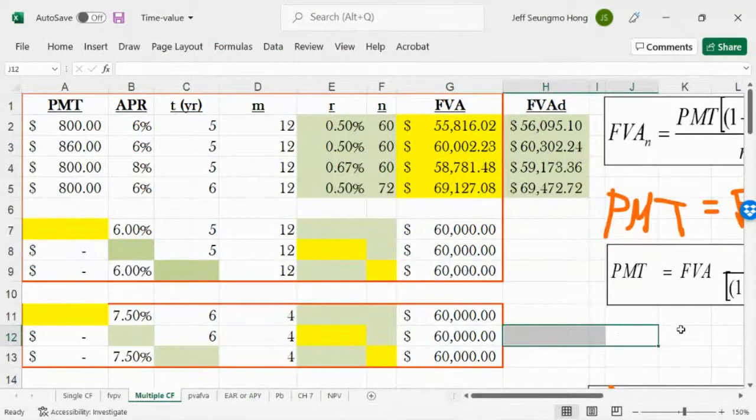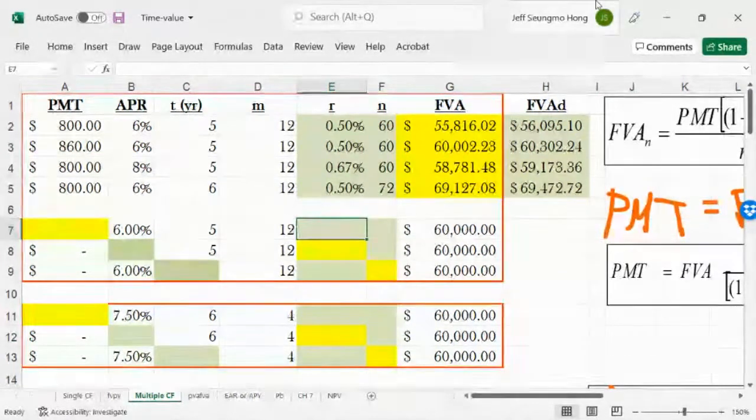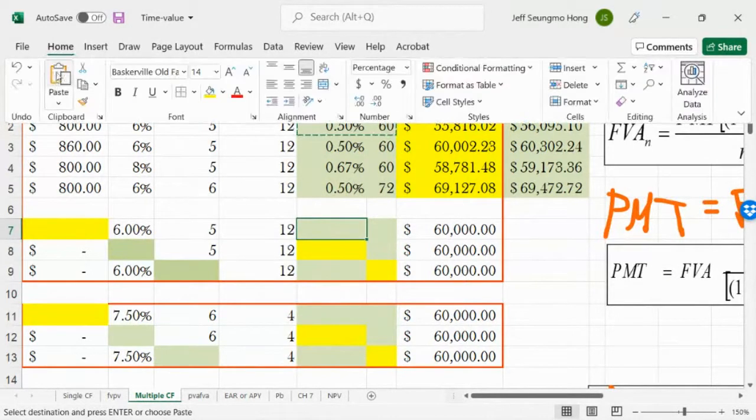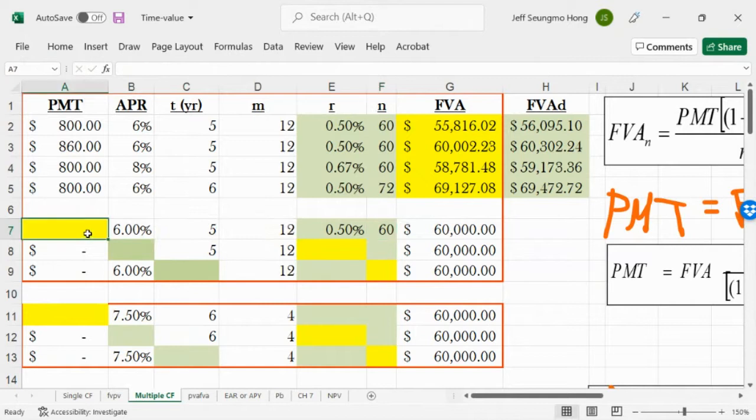So the formula, I put it also here. But before we do that, we need to fill in this. Of course, it's going to be the same: this divided by 12, 0.5%, and this times 12. Once that is filled in, let's do this: FVA times R. You might wonder, what about the bracket?